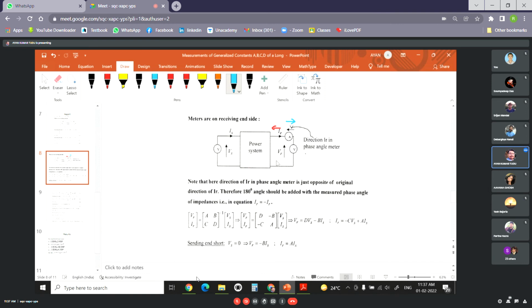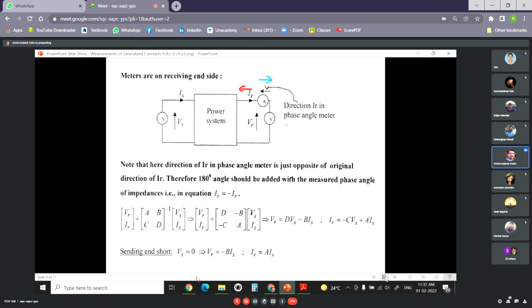That's why there should be a 180-degree phase shift that should be added with the value of current IR.